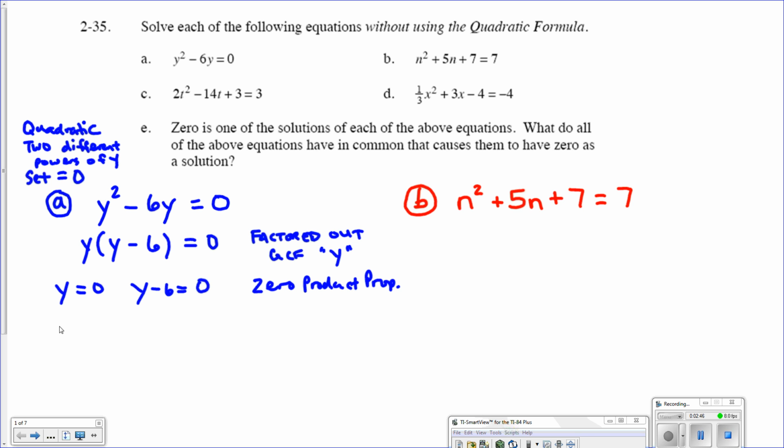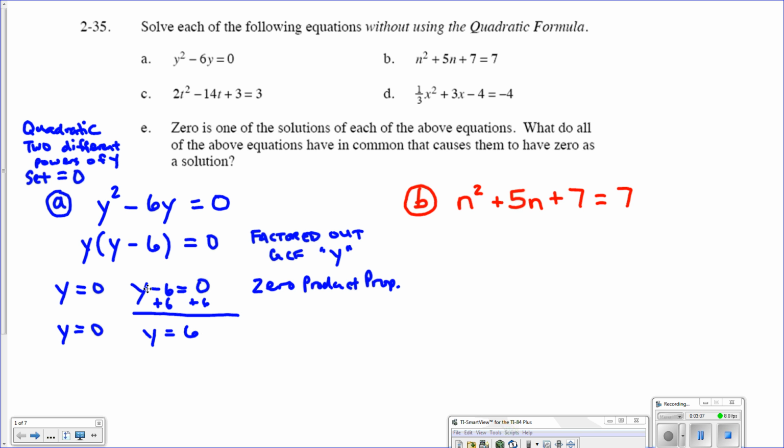And this first one we already know is 0. For y minus 6 equals 0, we add 6 to each side, and we get y is equal to 6. So our 2 answers here are y equals 0 and y equals 6.